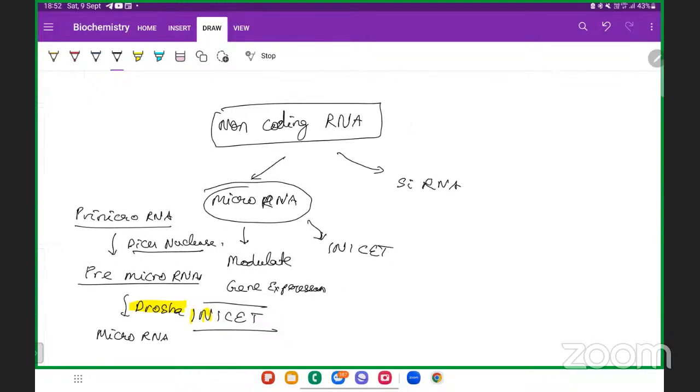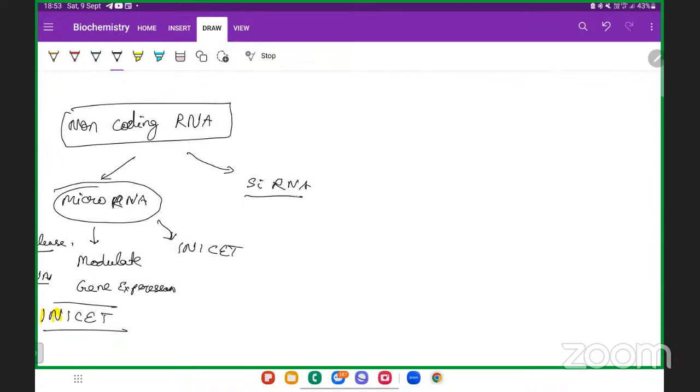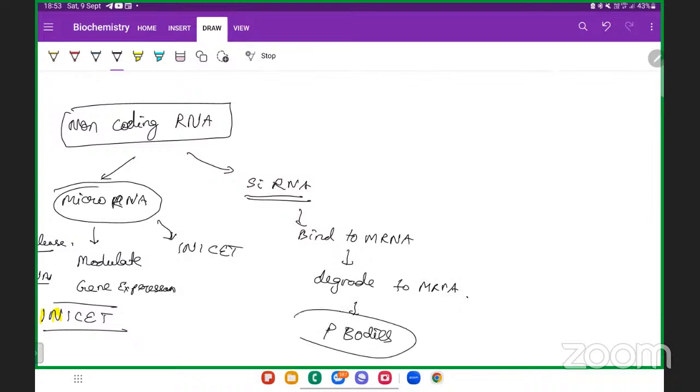Similarly, you have siRNA, isn't it? The siRNA binds to mRNA and finally degrades it. So the one which kills your mRNA is your siRNA. The degradation product is what we call P bodies.